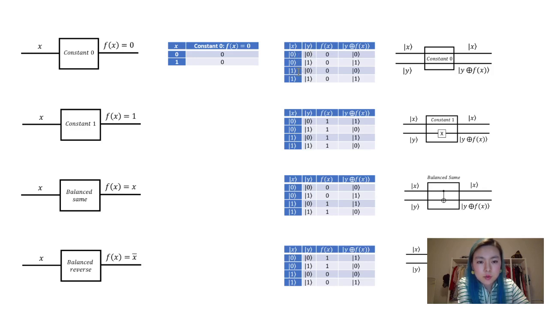And similarly, with x is 1, you have 2 possible y values. And then you just write out, okay, constant is constant 0, then all of the f of x is 0. And then you calculate, y is the control and f of x is the target, so you will know that if y is 0, f of x, this overall is 0.